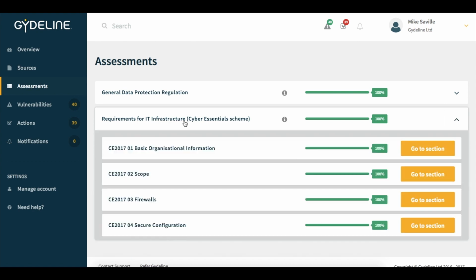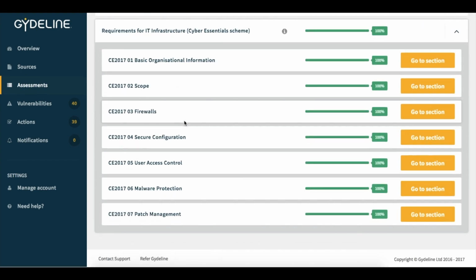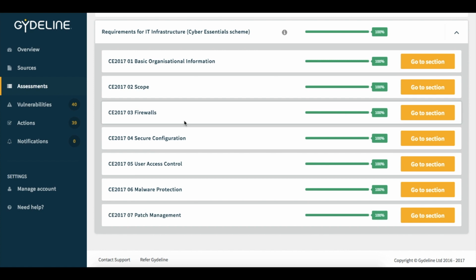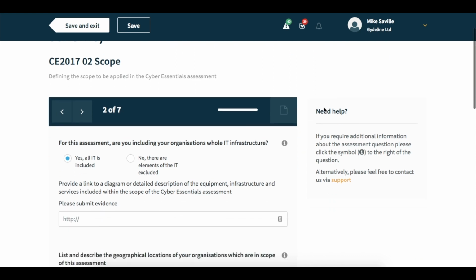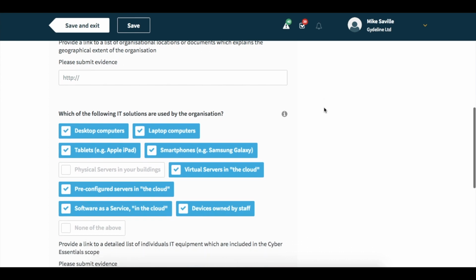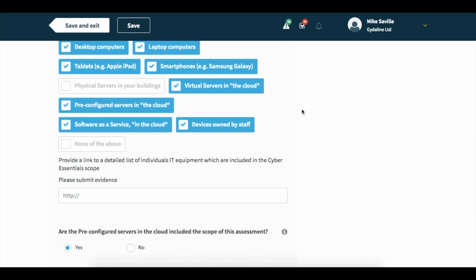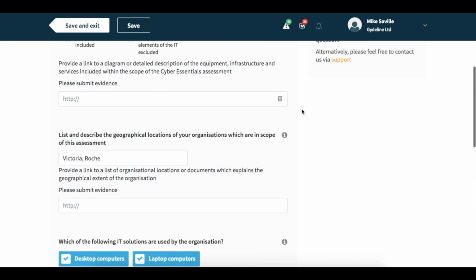So let's just take a little bit of a closer look at the Cyber Essentials scheme, and it covers some very broad basic topic areas. So there are questions around the scope of your technical infrastructure, so locations, the types of computing solutions you use, whether it's desktops, laptops, servers, cloud services.